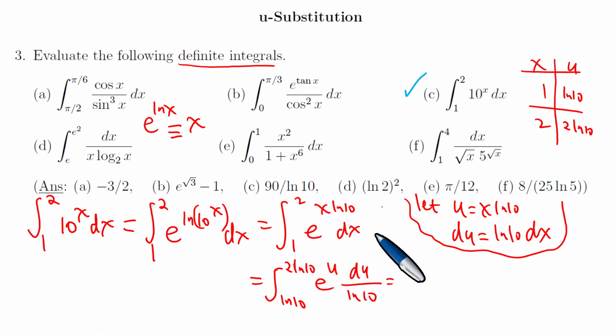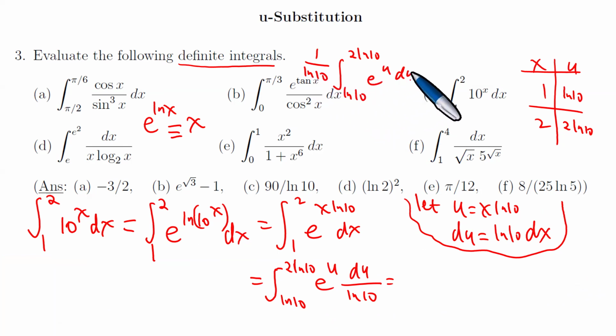We can continue up here. We're just interested in seeing the answer. So we have the integral from ln 10 to 2 ln 10 of 1 over ln 10 e to the u du.